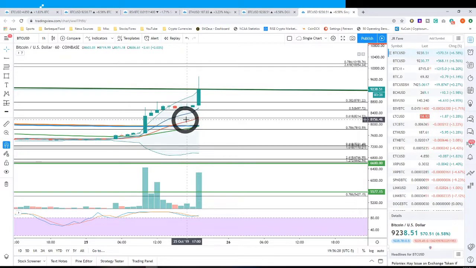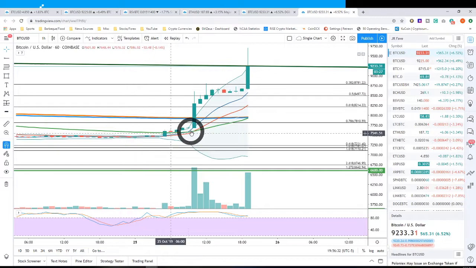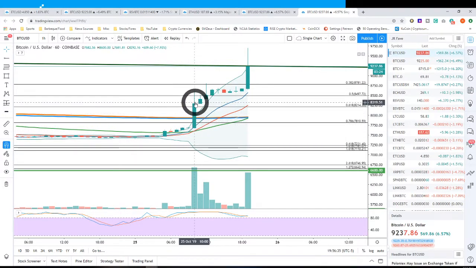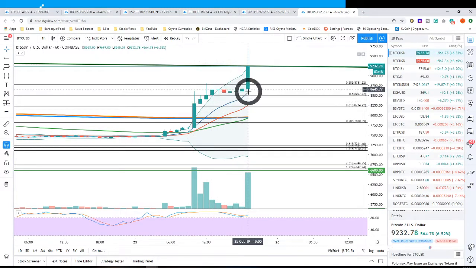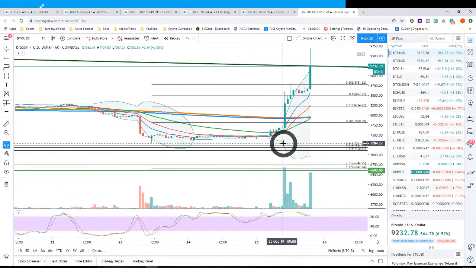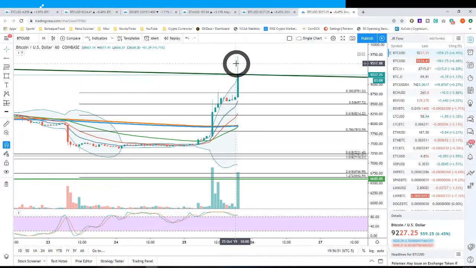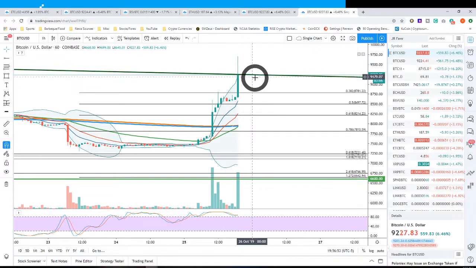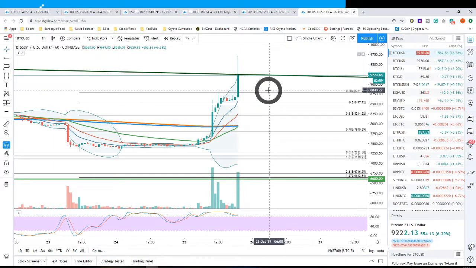At some point, and I think we learned this right over here when it made this move earlier in the day, it gets outside the Bollinger Bands, comes back inside, and it wants to test the 10 EMA. So it begs the question, what's it going to do now? It's outside the Bollinger Bands. Is it going to come back inside in the next hour or two and test the 10 EMA again?